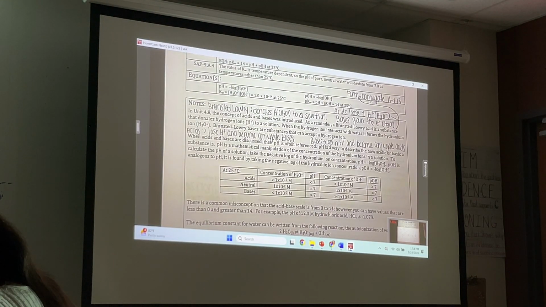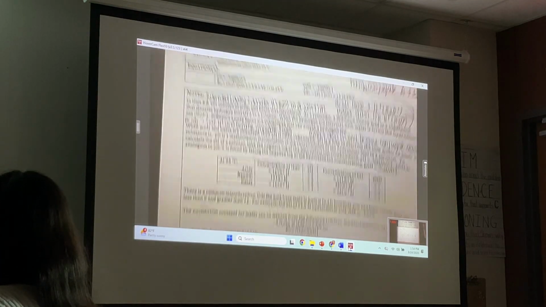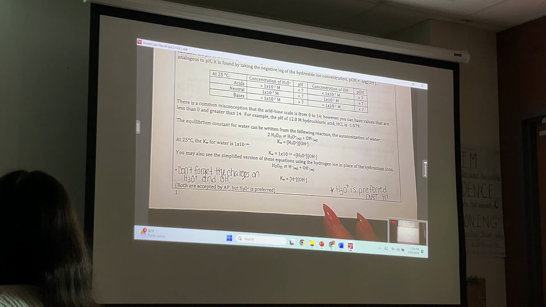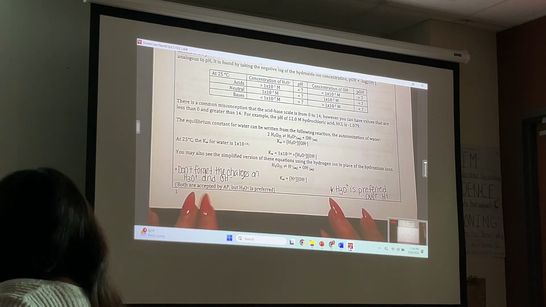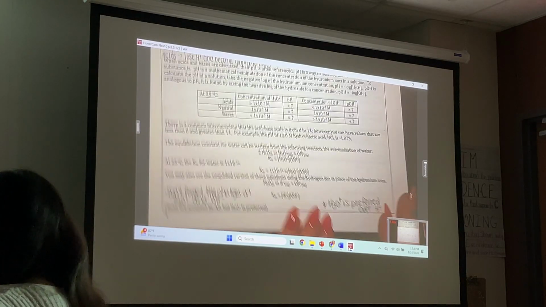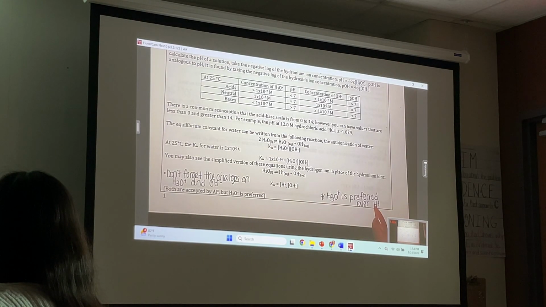All right. Okay, so that's the relationship between them all. Now, when it comes to how we write out our acid ion, we have two ways. We can either write it as H3O or an H. It is the exact same thing, since we have hydrogen present.